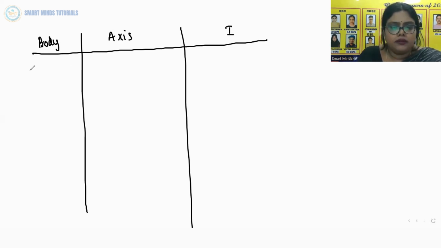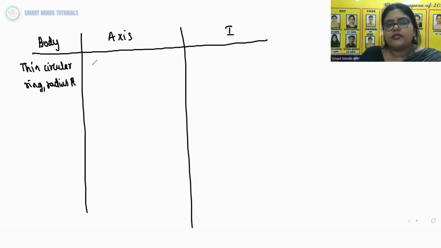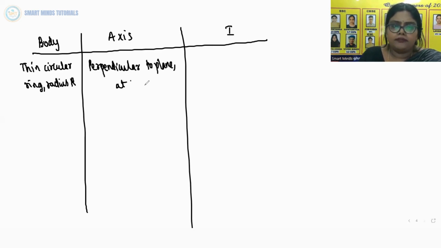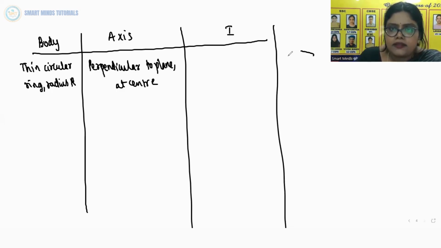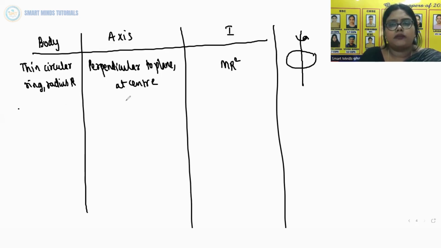So here there is a thin circular ring whose radius is r. The axis is perpendicular to the plane at the center. The figure is like this, a small ring. I is mr square.